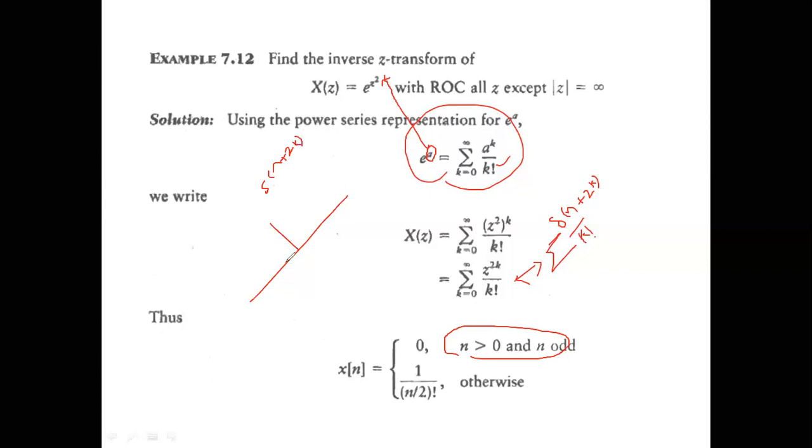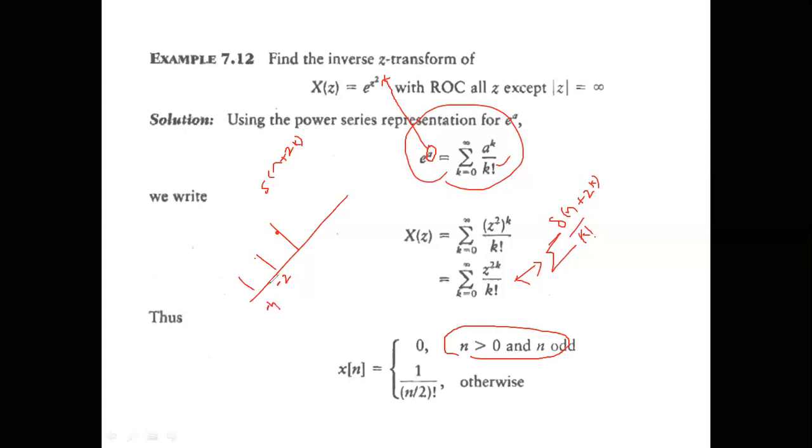For k equal to 0, this is delta n. For k equal to 1, this is delta n plus 2, at minus 2. For k equal to 2, this is delta n plus 4, at minus 4.